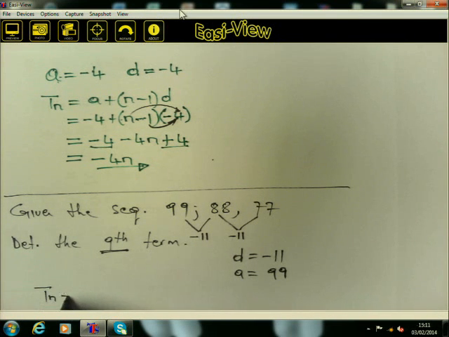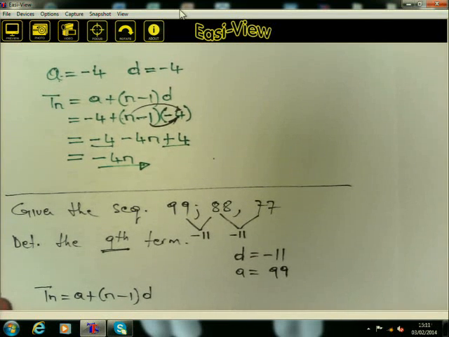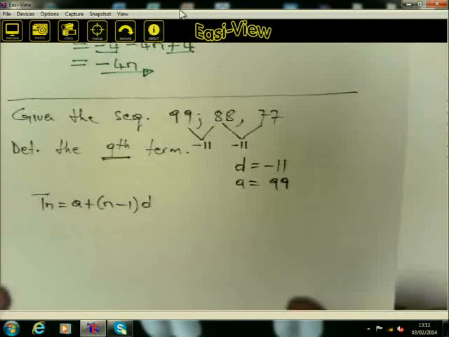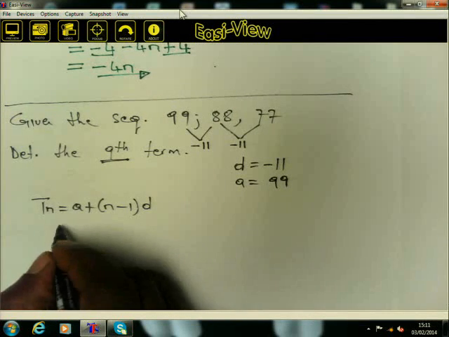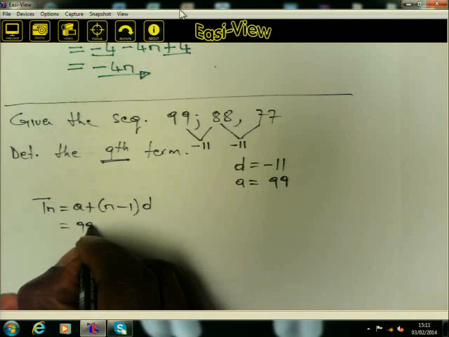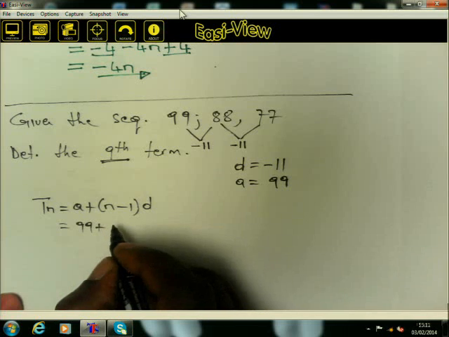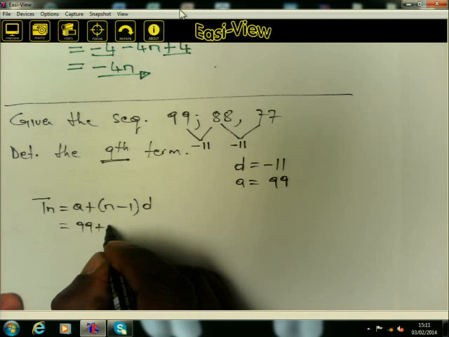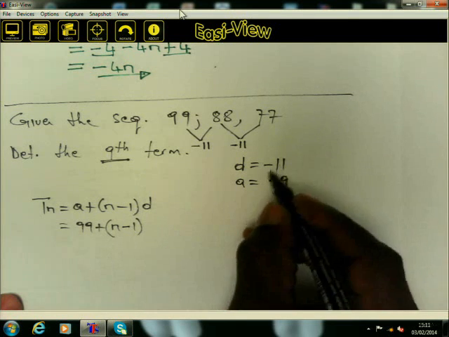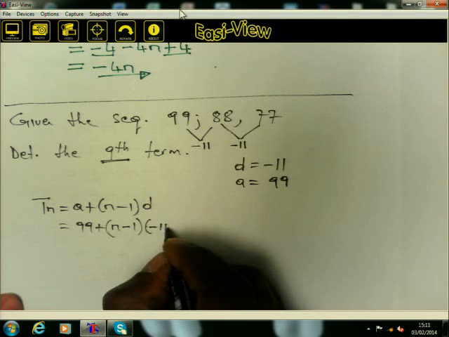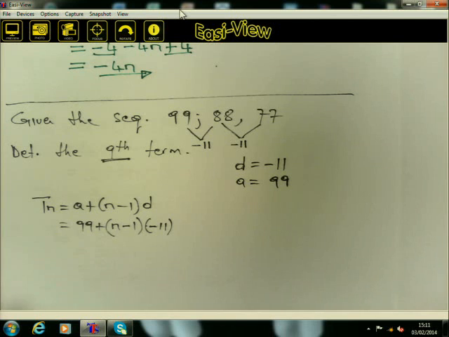So for term number 9, we'll go back to get the general term of that one. Tn is given by a plus (n minus 1) multiplied by the difference. We substitute there. a is 99. You add (n minus 1) multiplied by negative 11.